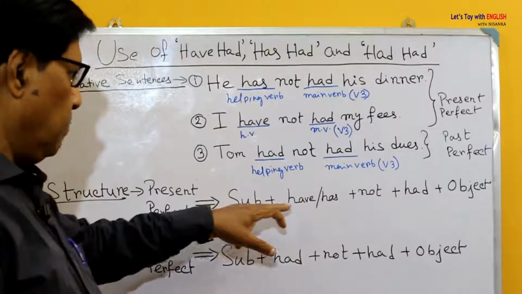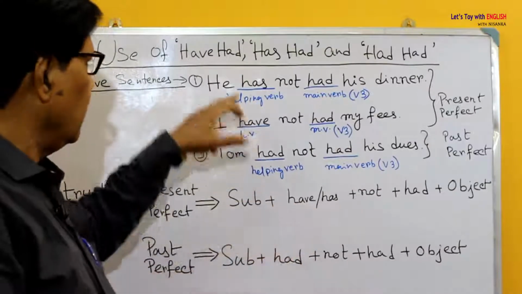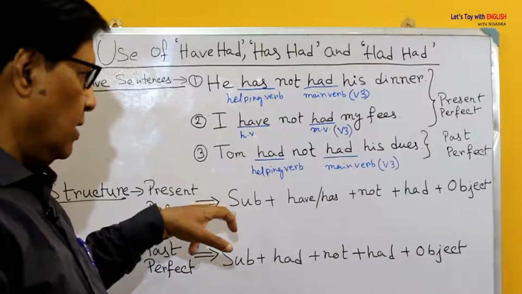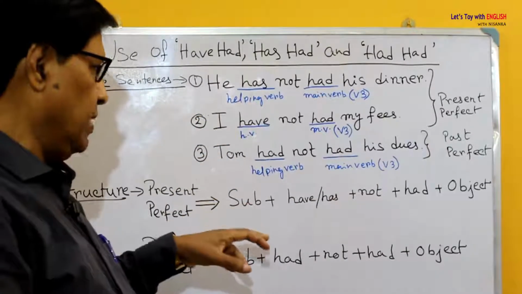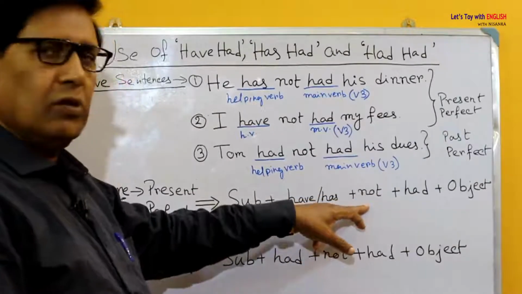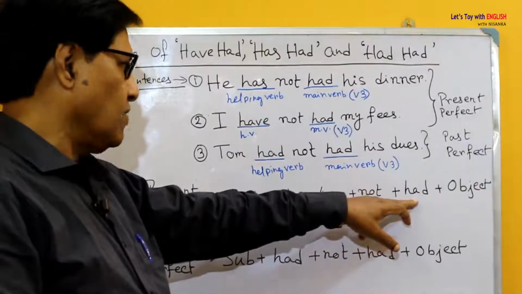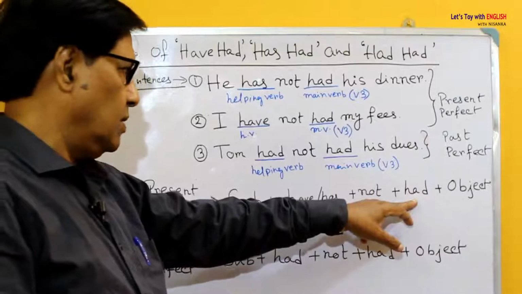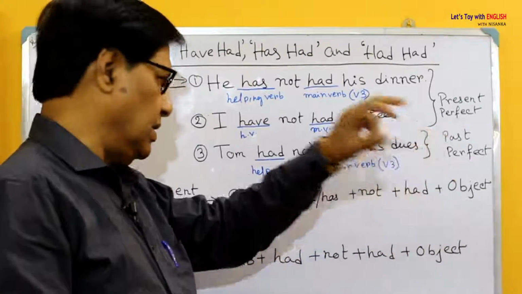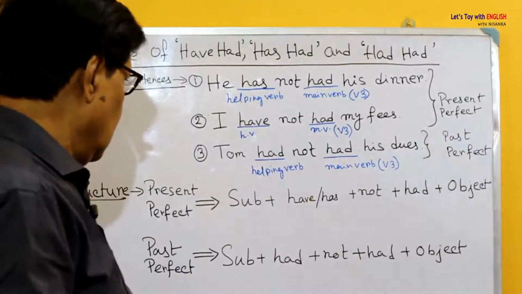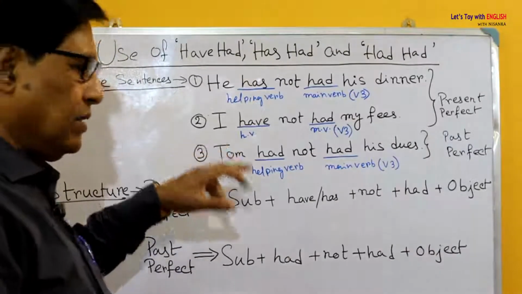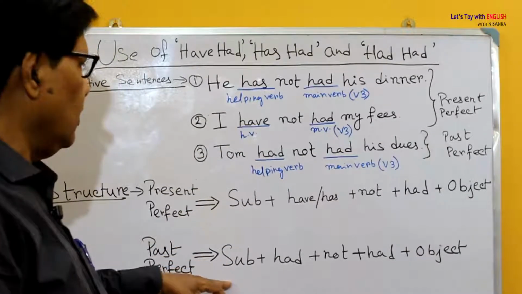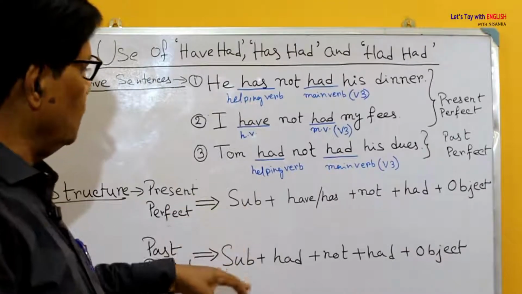Subject plus have or has, according to the person and number of the pronoun or noun, whatever it may be, plus not, plus had, plus object if there be any. Now, if it is in past perfect tense, then there is not much difference. Subject as usual.